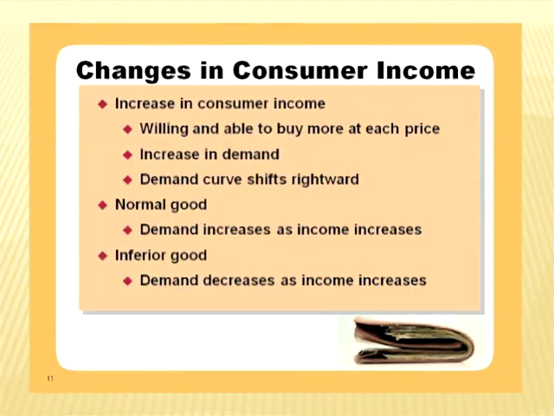First, and probably one of the most important ones, is a change in consumer income. And here we see two different sorts of reactions. Some goods are said to be normal goods, which means that as a consumer's income increases, their demand also increases.